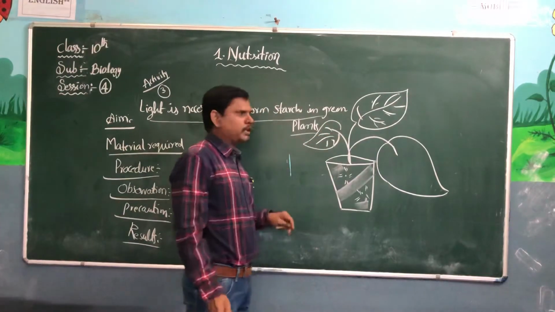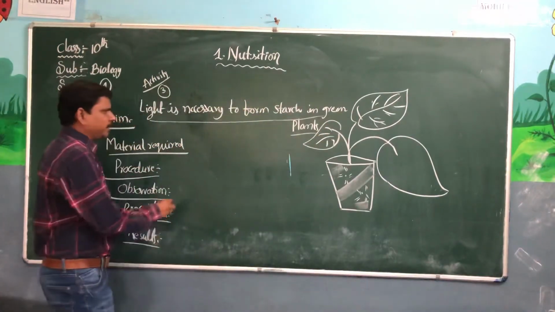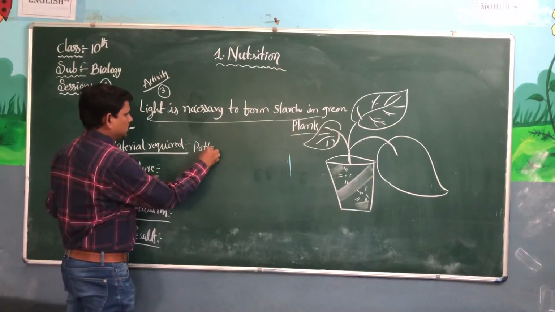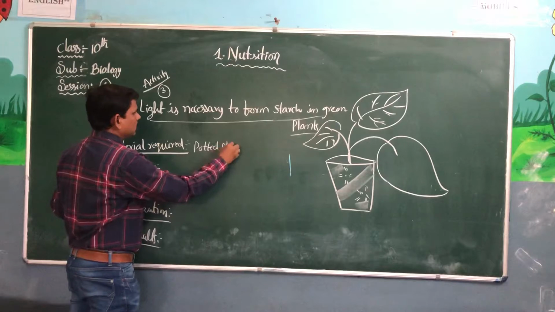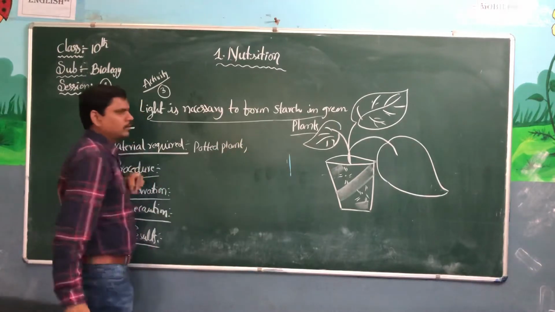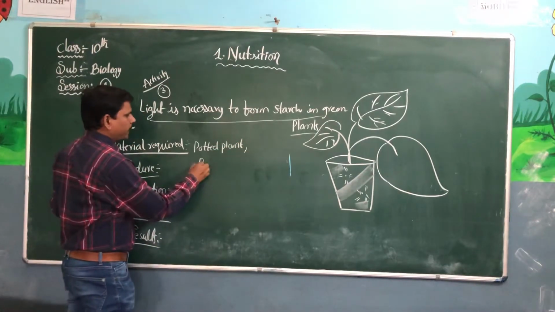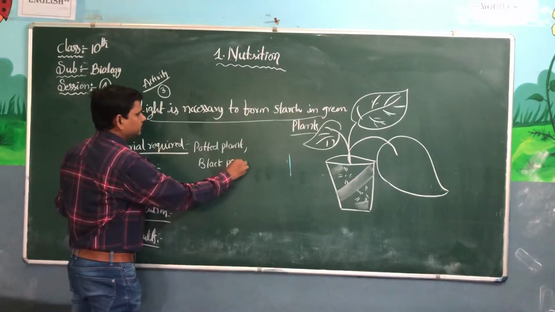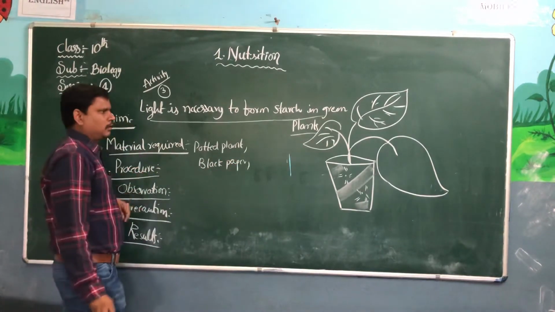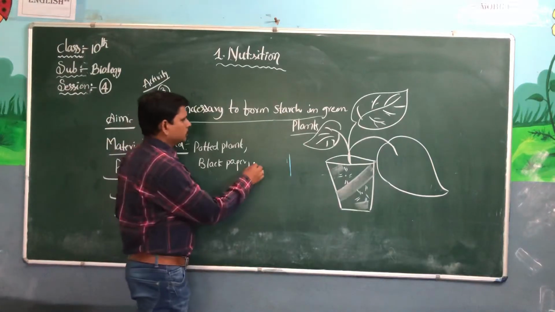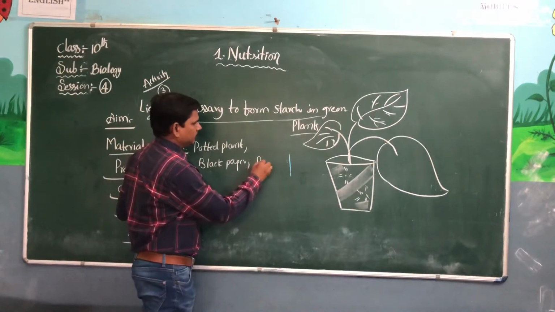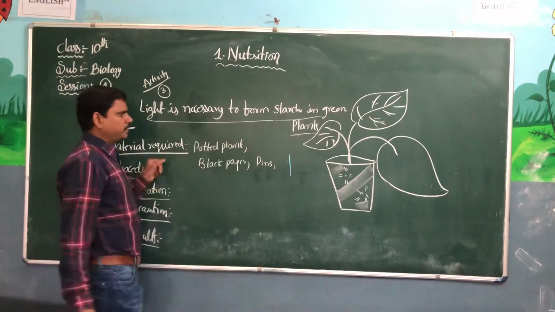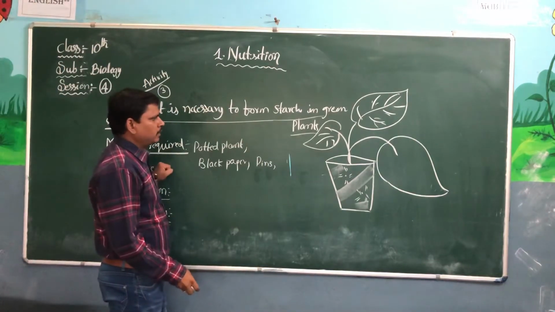In materials we can write: take a potted plant, black paper, we need black paper, 2 pins. Safety pins, 2 pins or side pins.